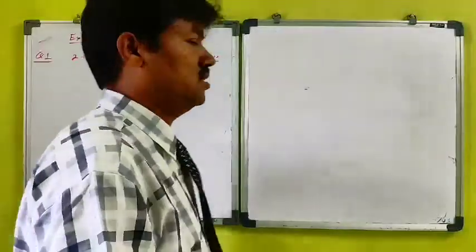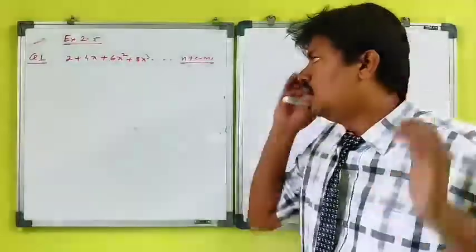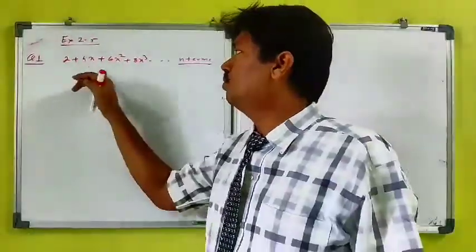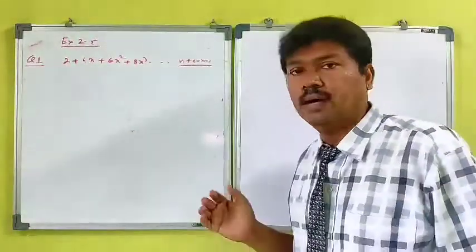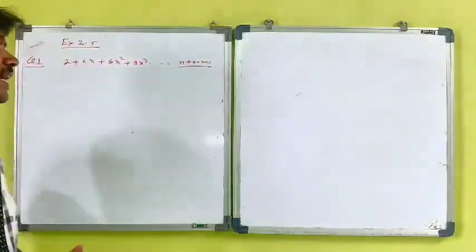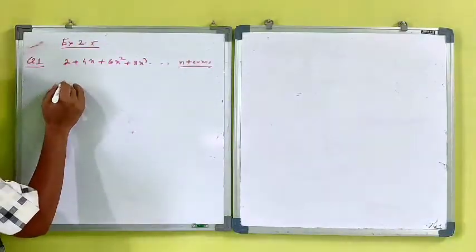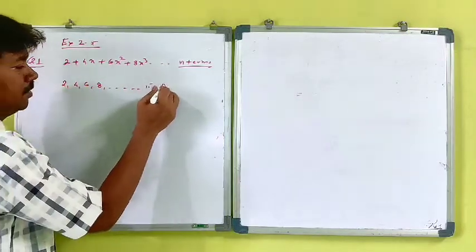Yes, so exercise 2.5 in the textbook. Question first: 2 plus 4x plus 6x squared plus 8x cubed up to n terms. You can observe this properly. We have 2, 4, 6, 8, which is in AP.